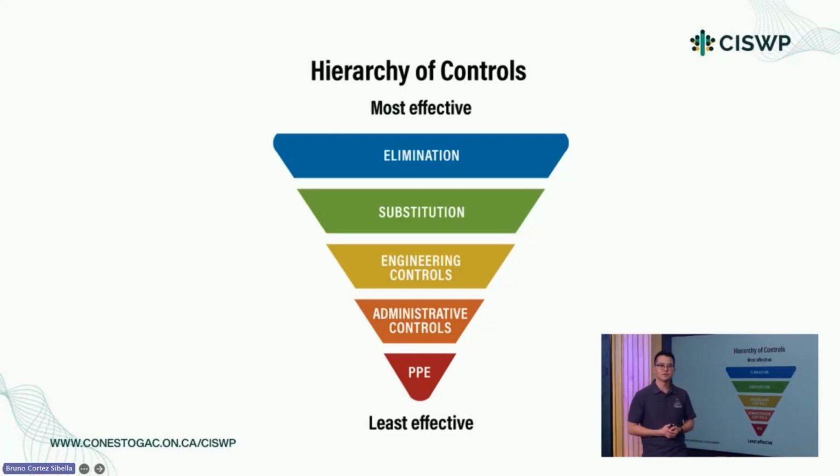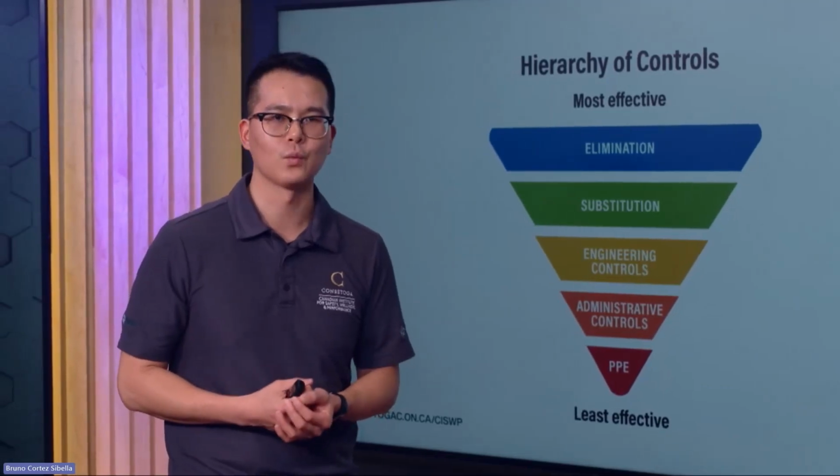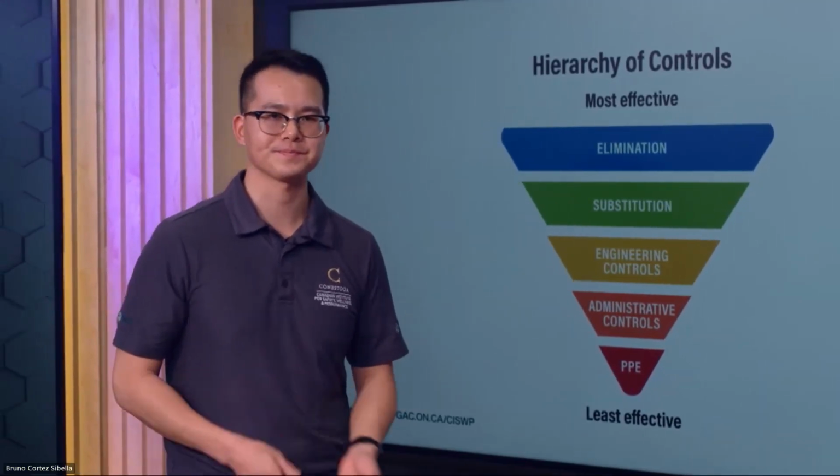When choosing a control method, you should start from the topmost feasible level before moving on to the next. So starting with elimination, substitution, engineering controls, administrative controls, and personal protective equipment, or PPE. And so going through this model, many controls would have been identified at each level to protect the worker from the hazard.